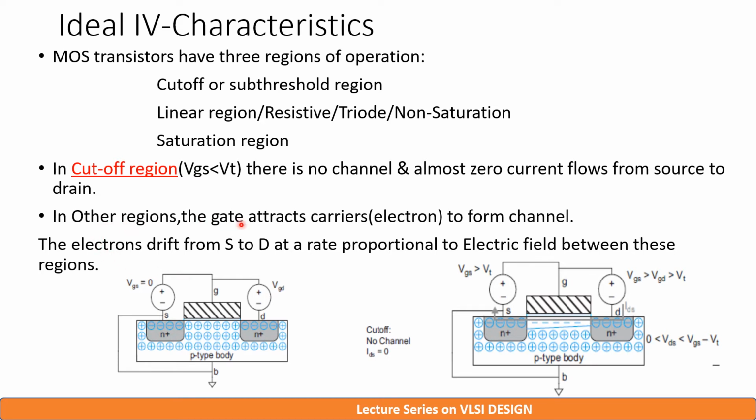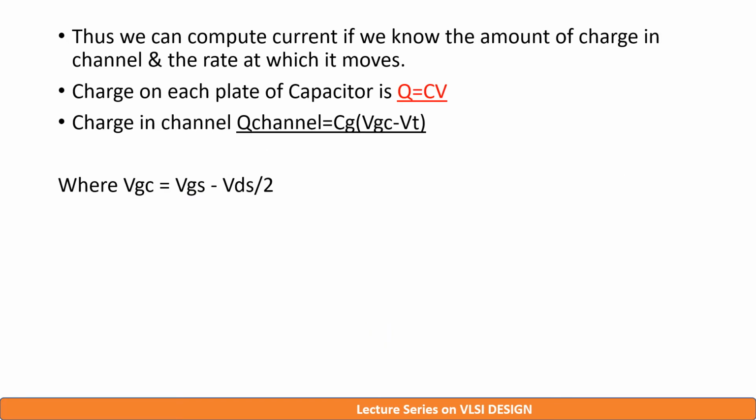So in linear and saturation region, the gate will attract the carriers to form a channel and the electrons will drift from source to drain at a rate proportional to the electric field between these regions. Thus we can compute current if we know the amount of charge in the channel and the rate at which it moves.